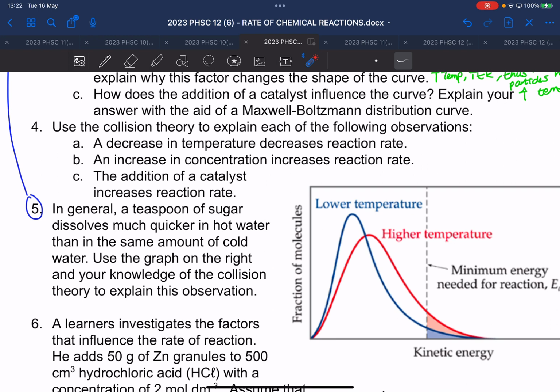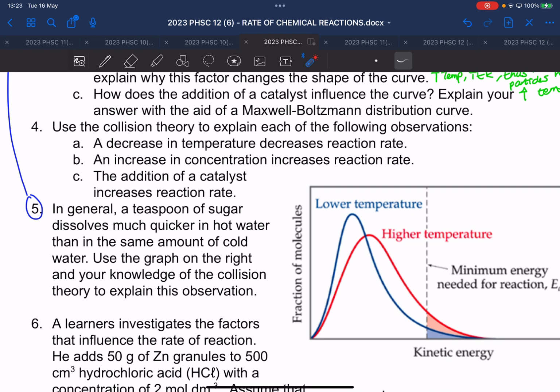Maybe she's scared for a question. Alright. What's with it, Princess? What happens when you change the temperature? No, I'm not asking the graph. I'm asking with the collision theory. 4a.